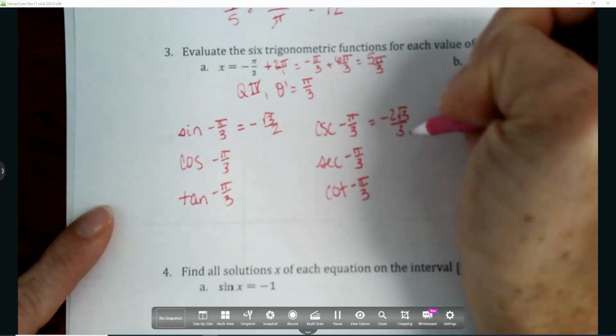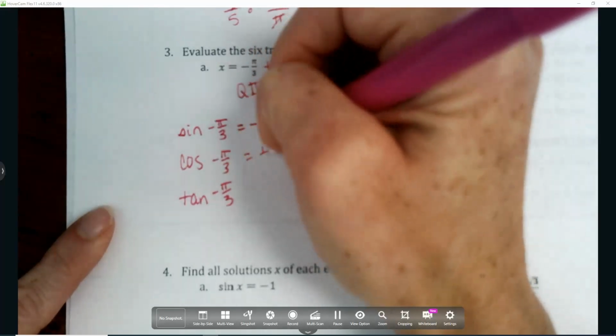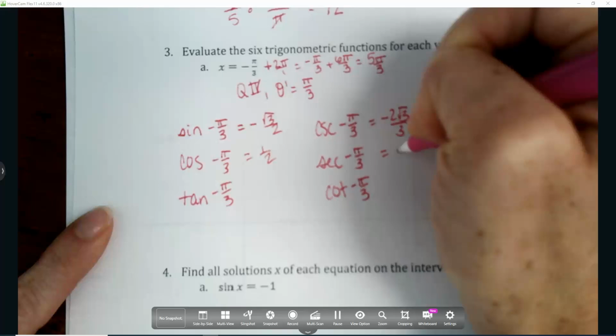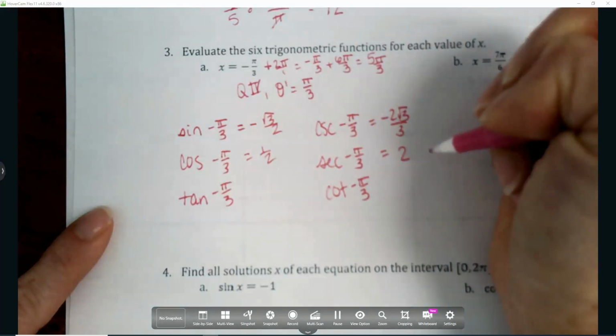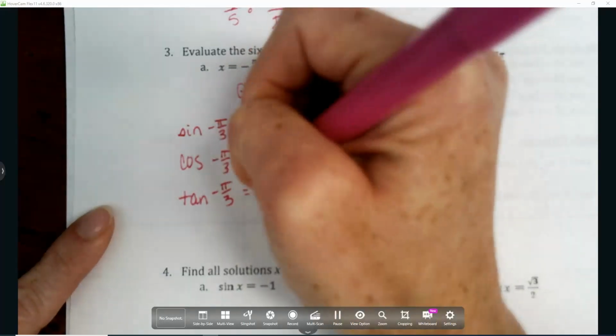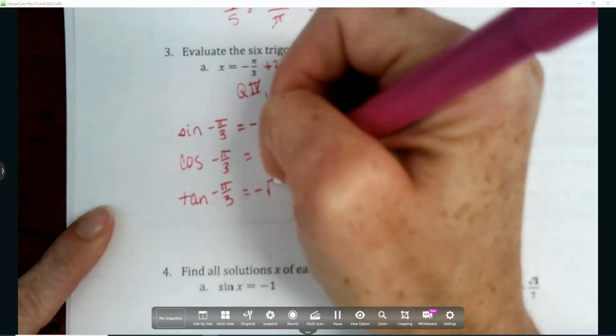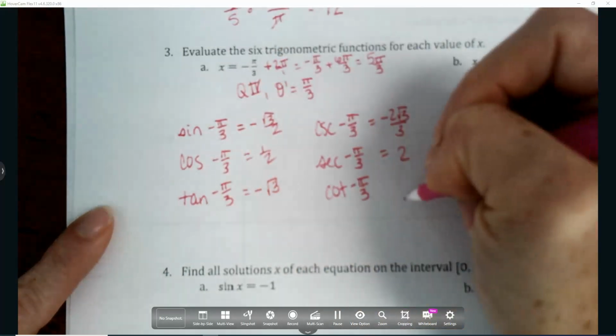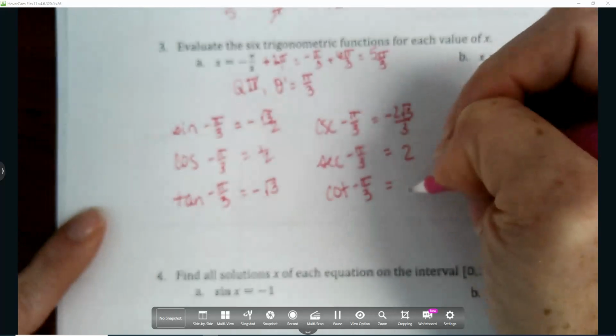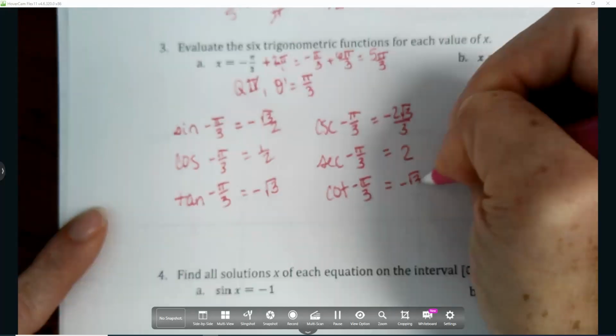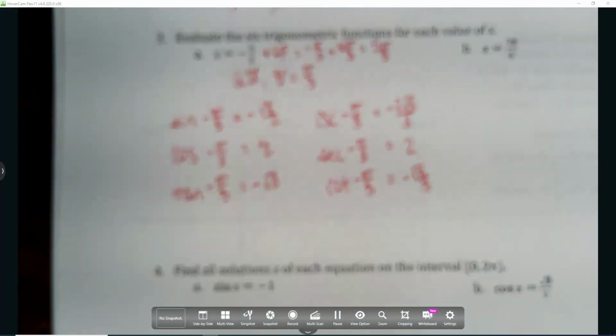Positive. Cosine of 60? So that means secant is 2. Quadrant 4, tangent, positive or negative? Okay, tangent of 60? Yeah, radical 3 over 1 is just radical 3. So cotangent is 1 over radical 3, negative radical 3 over 3.